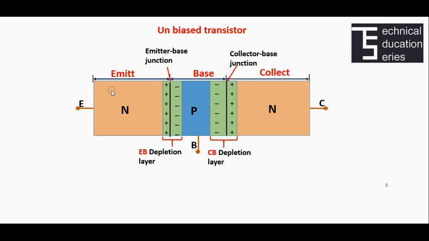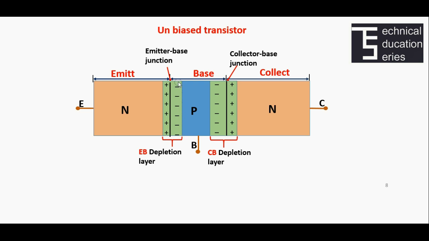At the time of construction of the transistor, depletion layers will be formed on both junctions of the transistor. Here is the depletion layer formed in the emitter base junction, and this is the depletion layer formed on the collector base junction.